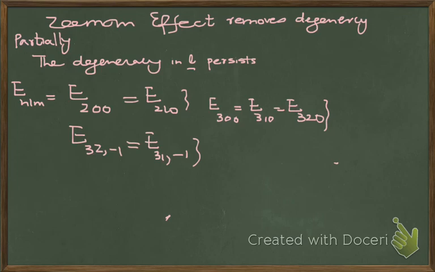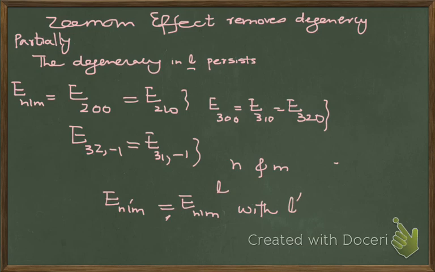It means the degeneracy of the levels corresponding to the same values of N and M, but different values of L, is not removed by the normal Zeeman effect, or you can say E N L' M is equal to E N L M when L' is not equal to L.